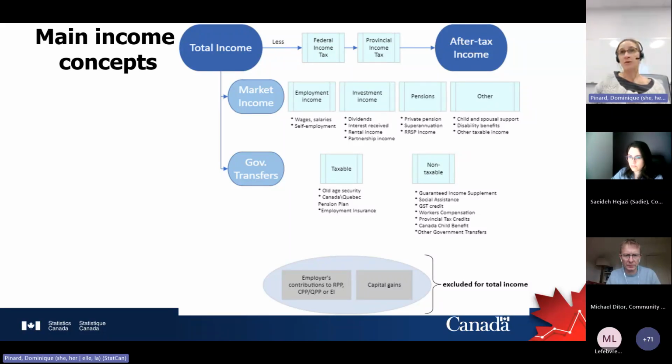We have a couple of tables that talk about capital gains, but it's not the main focus, and these concepts are not included in total income as they are not actual regular income that helps with your expenses. So those are the main income concepts.